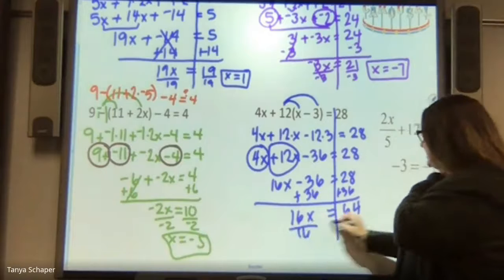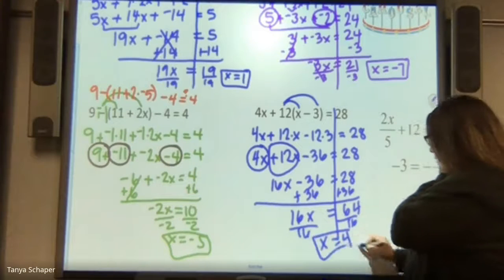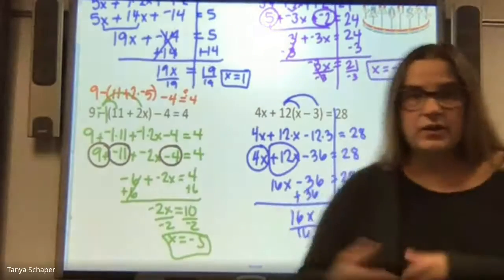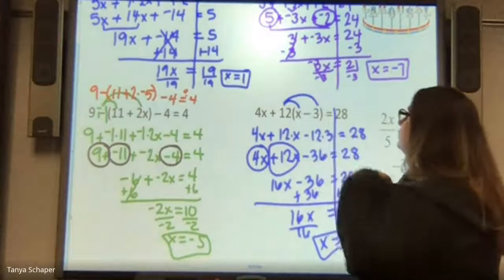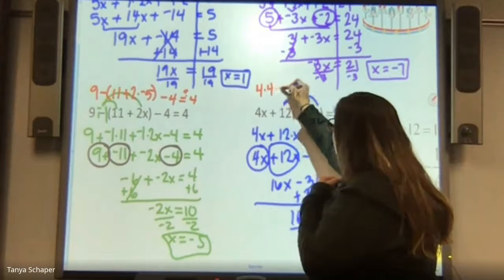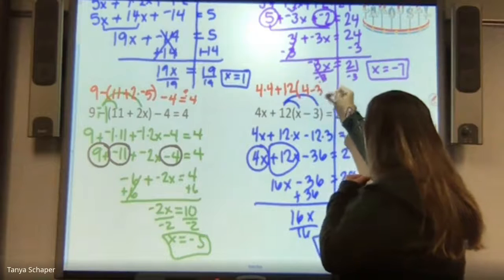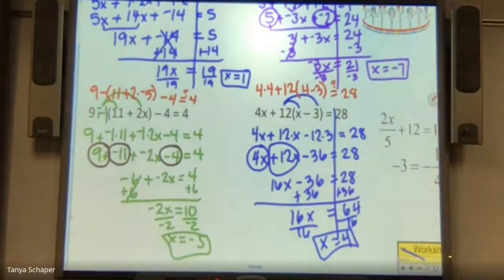Divide by 16, x equals 4. And again, it's always a good idea to check it. So put 4 in for x. So 4 times 4 plus 12 times the quantity 4 minus 3, does that equal 28?